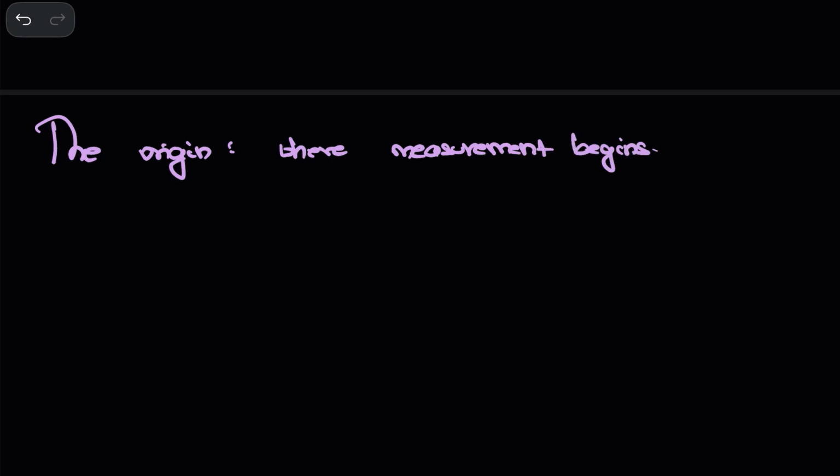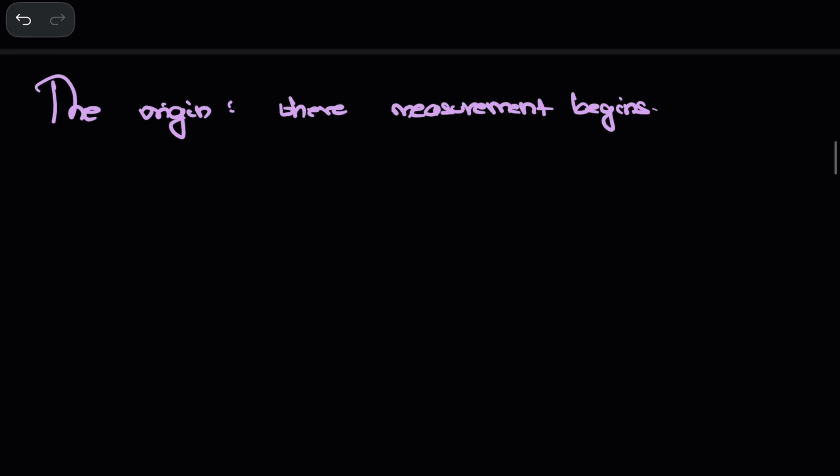Origin. What is an origin? An origin is where measurement begins. To describe position, we need a starting point of measurement. You need to start somewhere, so you need a point, and that starting point is called the origin.